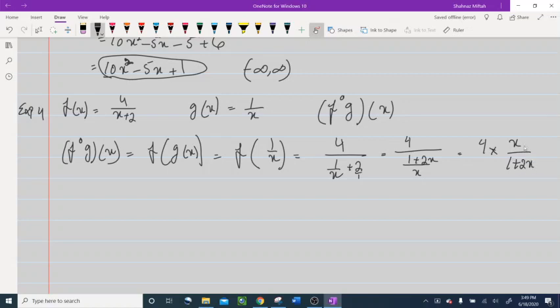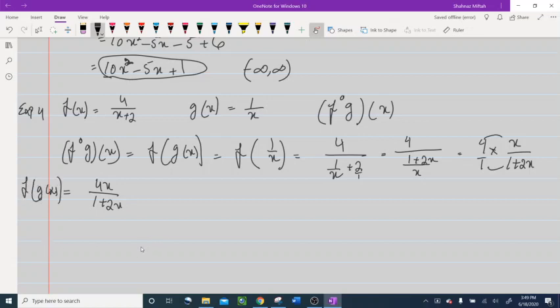Reciprocal means flip it: the numerator goes to the denominator and the denominator goes to the numerator. Now this is multiplication, so straight across, I got 4x over 1 plus 2x. So that's my composite function for f of g of x.